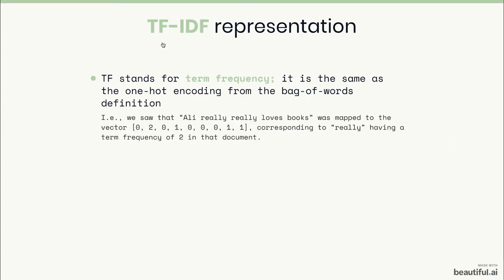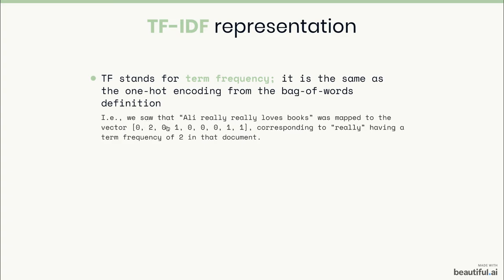Okay, so this TF-IDF representation consists of two parts, the TF part and the IDF part. The TF part stands for term frequency, and this is really just a synonym for what we have just seen. This is exactly the same thing as the bag of words definition. So for instance, if we look at this document that we saw just before, Ali really, really loves books, we map that to this vector here corresponding to the vocabulary that we saw.